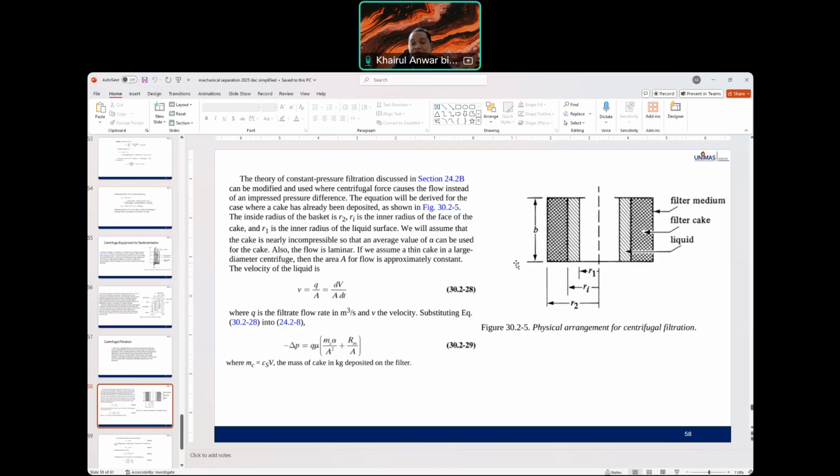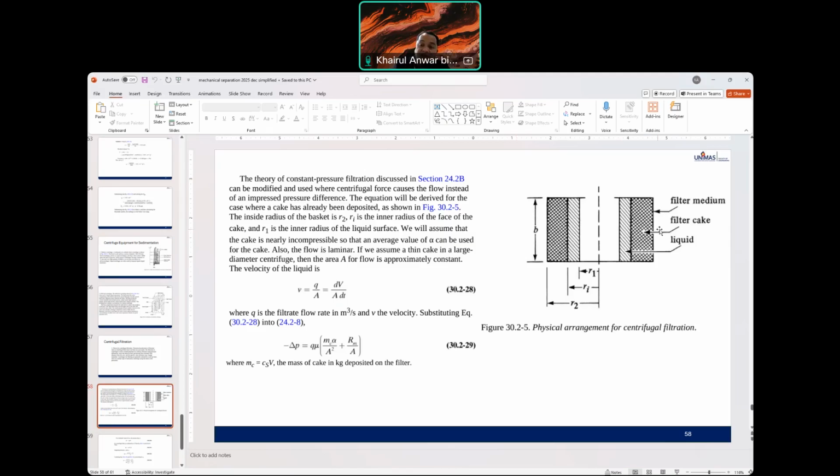So the way filtration occurs, in order to permeate the water through the membrane, you need a force to push the water to pass through the membrane, then we get the clean water. In this case, instead of using that force, they are using centrifugal force to create the pressure difference.